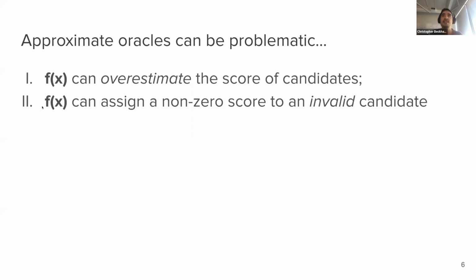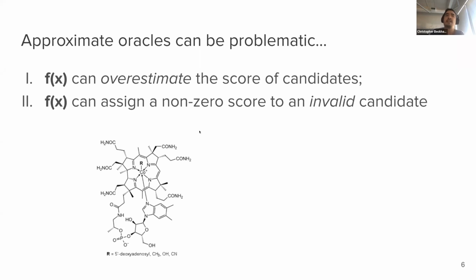But in the second case, f of x can assign a non-zero score to an invalid candidate. I think I explained what invalid is in a later slide, but we'll just assume that invalid just means that it's not possible to synthesize it. It's not valid, right?